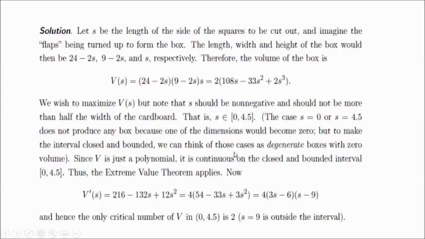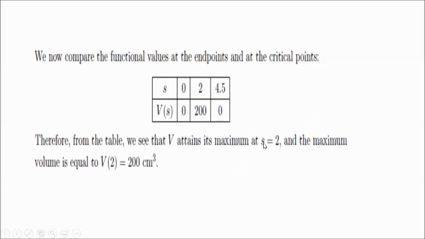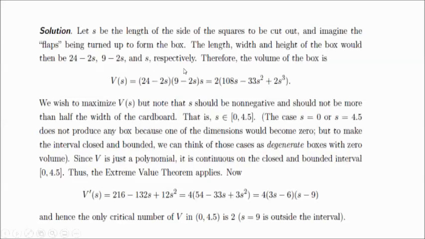Okay? So S is equal to 2. Yung volume is, kung gusto mong makuha yung volume, that is 200 cubic centimeter. Okay? You can sub dito, class. Take note, hindi dito, dun sa original equation for the volume ka dapat mag-sub.